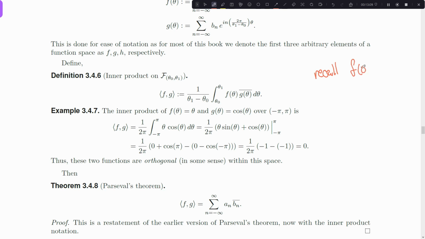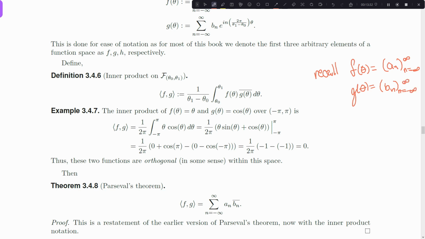So recall, f can really be thought of as an infinite vector of a sub n's from minus infinity to infinity. g can be thought of as an infinite vector of b sub n from minus infinity to infinity.